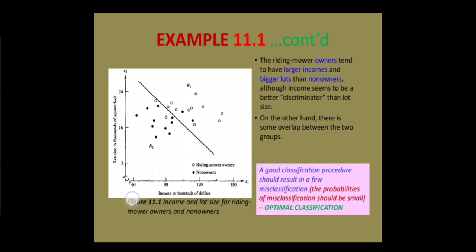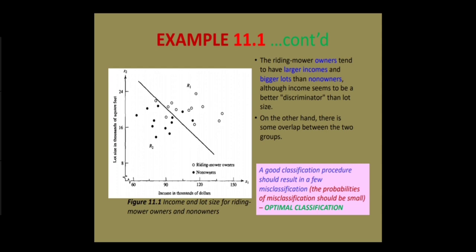Okay, because we have two variables here, income versus lot size, and then we plot the points in the scatter plot. We have two types, whether it is riding mower owners or non-owners. Okay, the black dot is non-owner and the clear dot is owner. So what can we see from here? What can we observe from here?